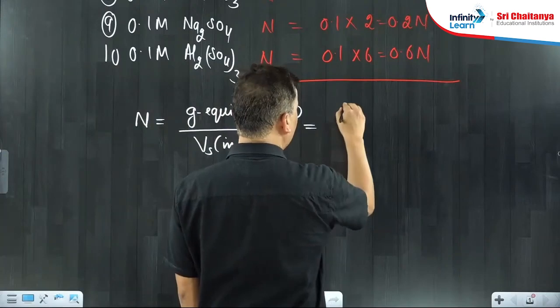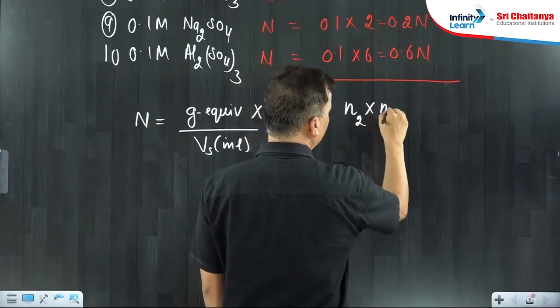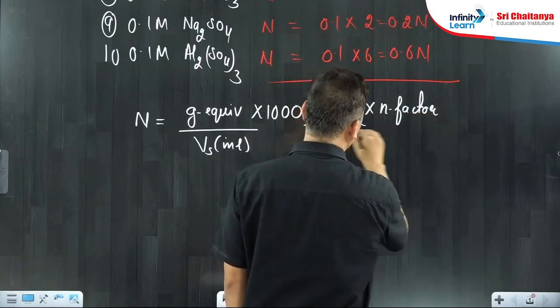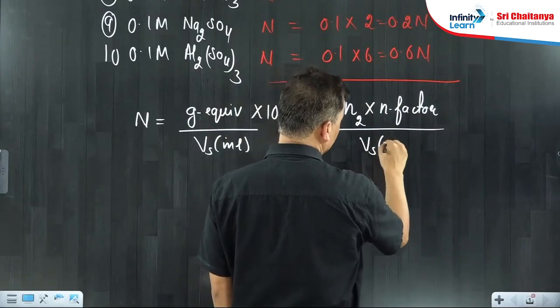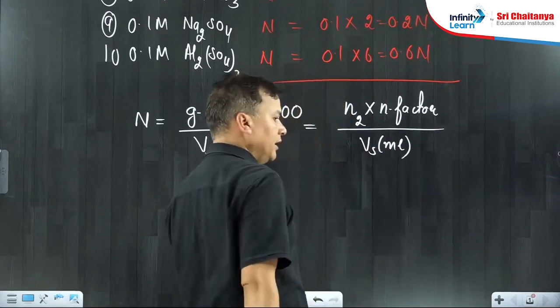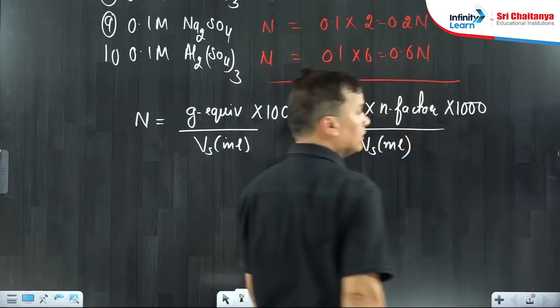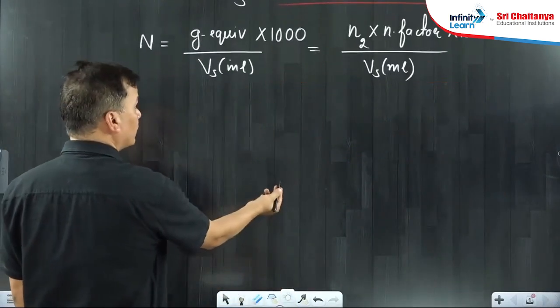Now, the number of gram equivalents is the number of moles of solute into its n factor, divided by the volume of solution in milliliters, multiplied with 1000. Are you understanding or not? Now dear, this number of moles we know very well.